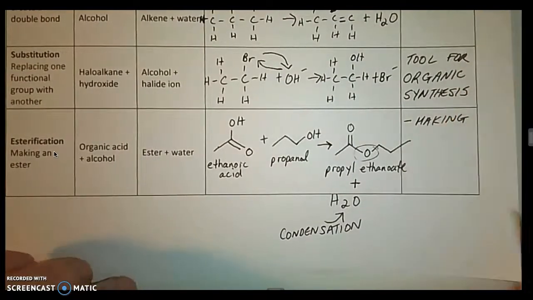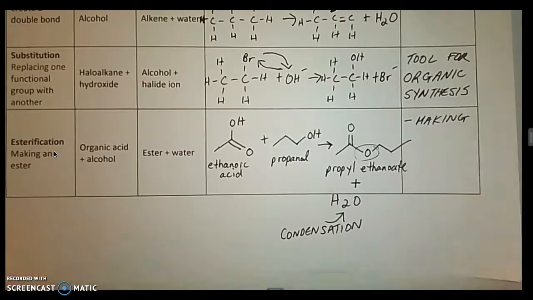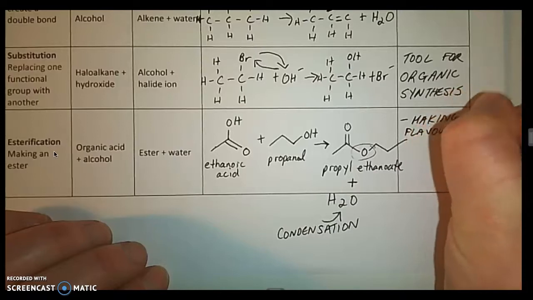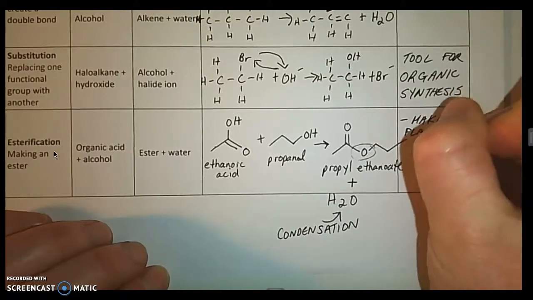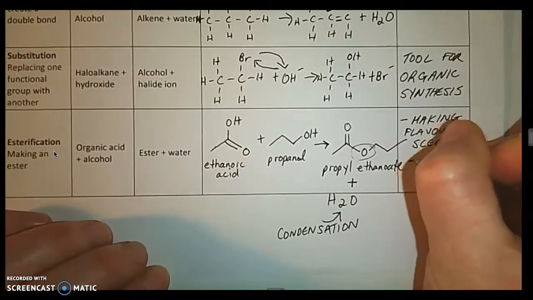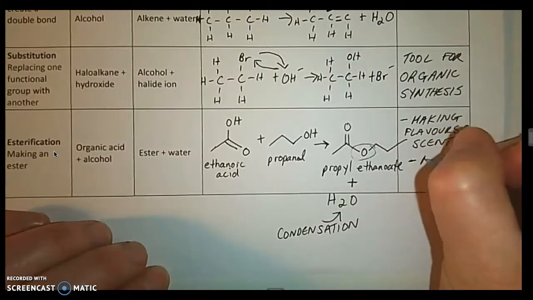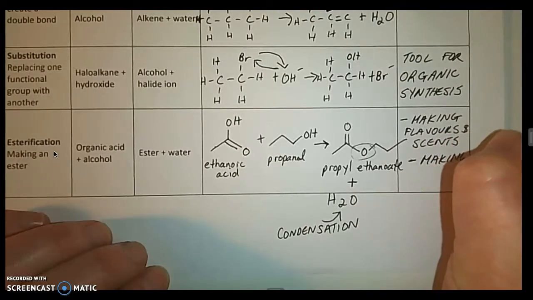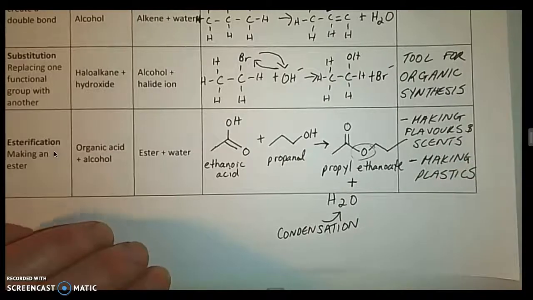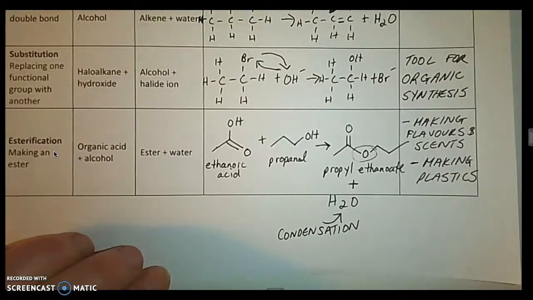Esters are also naturally occurring. Bananas have a combination of esters in them that make them taste like bananas. So making flavors and scents. Another thing esterification reactions are used for is making plastics, which we're going to talk about later this week or maybe next week.